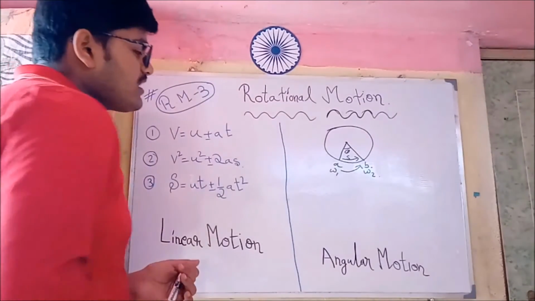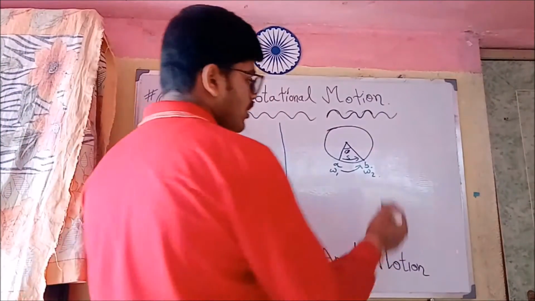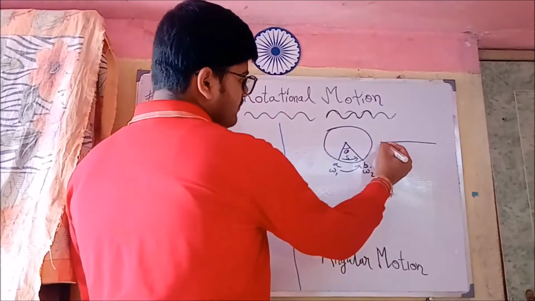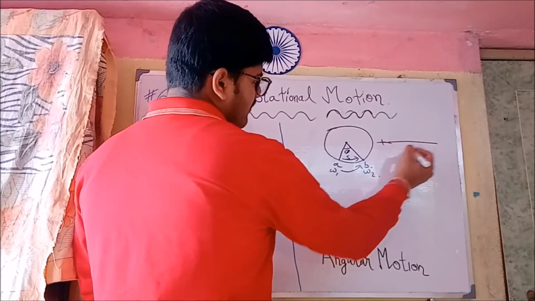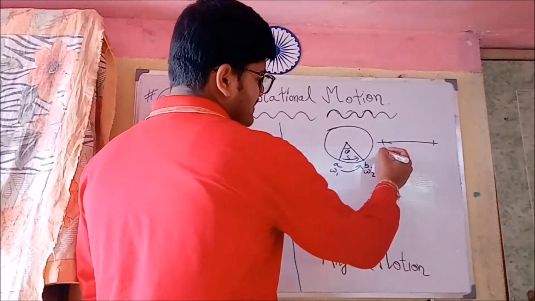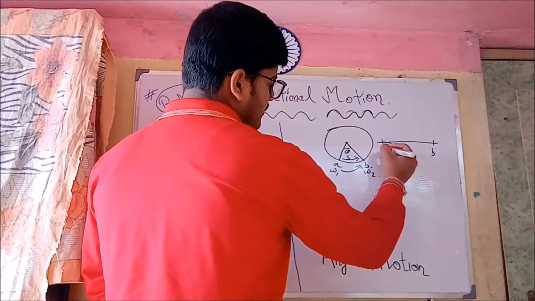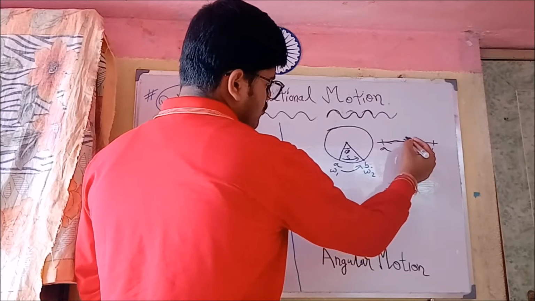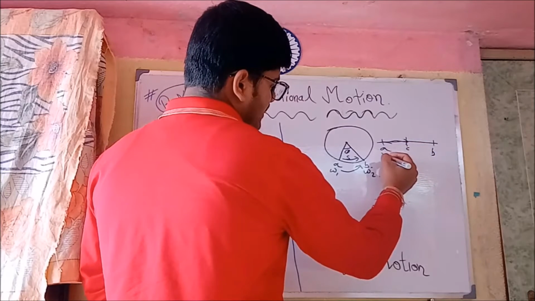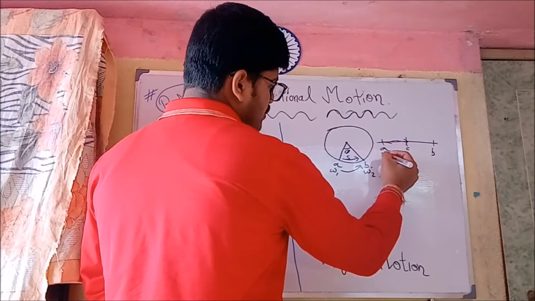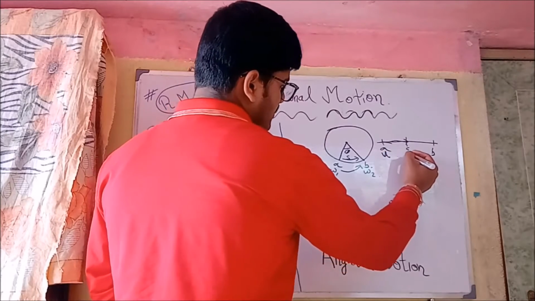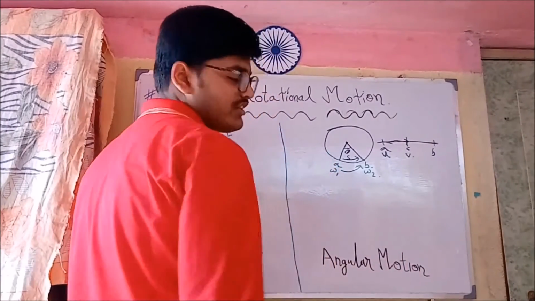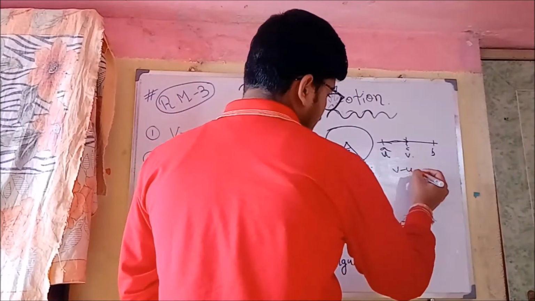From observation of linear motion, suppose this linear line is divided into parts A and B. When the particle covers a distance with the initial velocity of u and the final velocity v, we get the change of velocity to be v minus u.